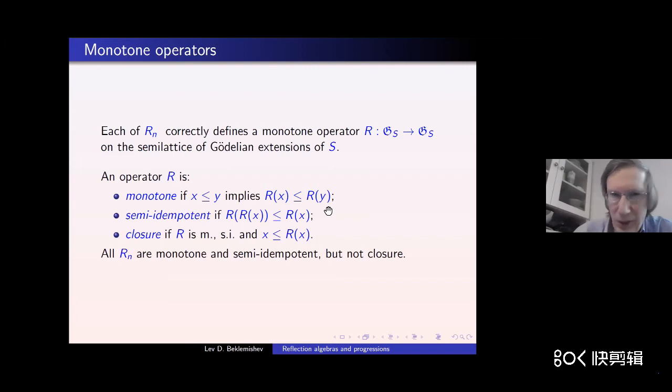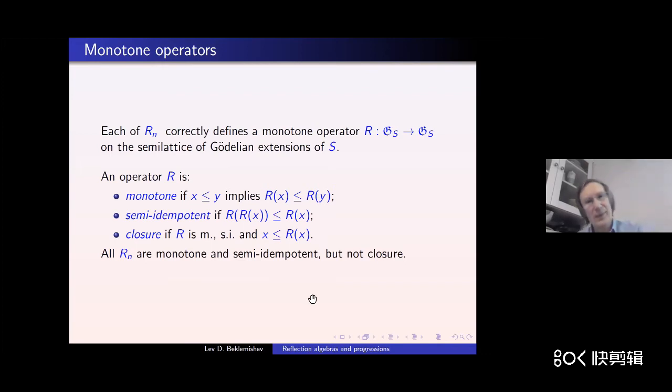Then there is the property of semi-idempotence. Idempotence means that double R is equivalent to single R. However, here we have something weaker, which is called semi-idempotence: R of R of x is less than or equal to R of x. And sometimes the operations that appear, but this is not satisfied for Rn, satisfy the closure property, that x is smaller or equal than R of x.